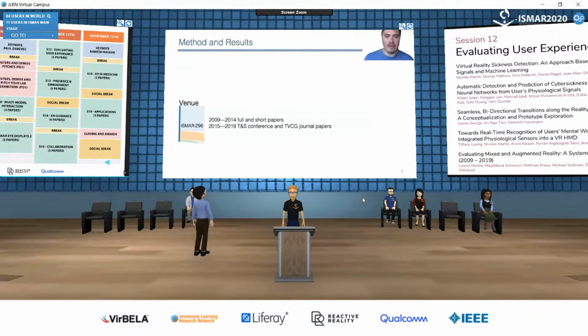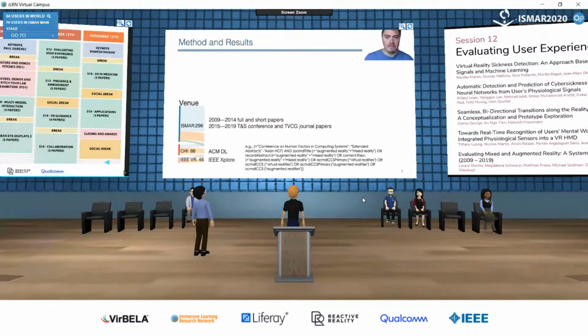We collected relevant papers from the main venues in mixed and augmented reality published between 2009 and 2019. Consequently, we collected 296 papers from ISMAR, 88 papers from CHI, 46 papers from IEEE VR, and 28 papers from UIST.